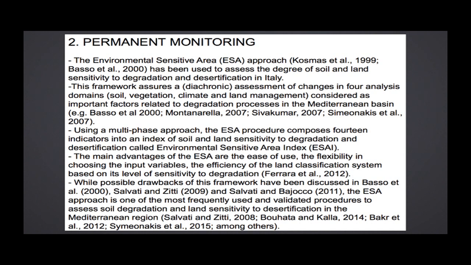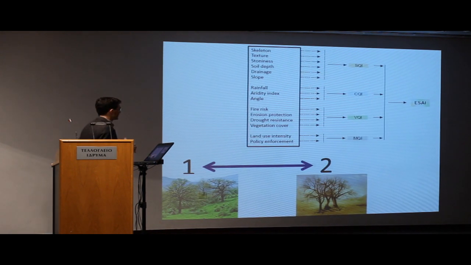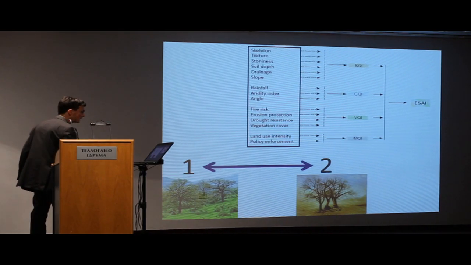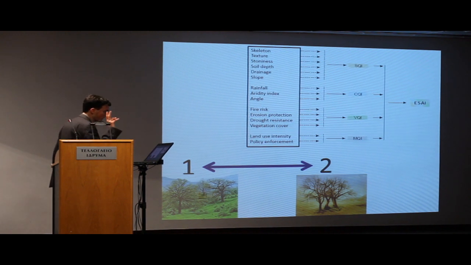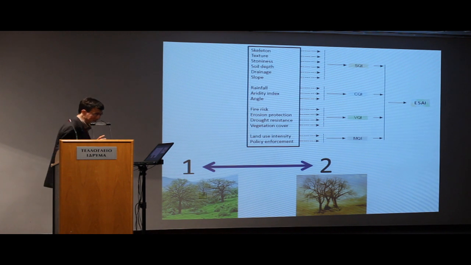Some details are reported in this slide, but I don't want to go into details. Just to inform you that this index is a score index ranging from 1, which means no vulnerability, to 2, which means a very high level of land vulnerability to degradation, using some indicators. You can see here soil indicators, climate indicators, vegetation cover indicators, and land use pressure indicators. This is a very typical example of linear thinking.